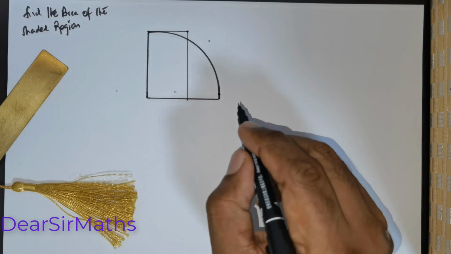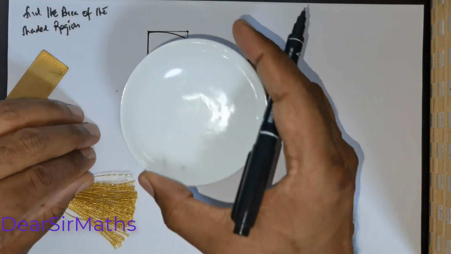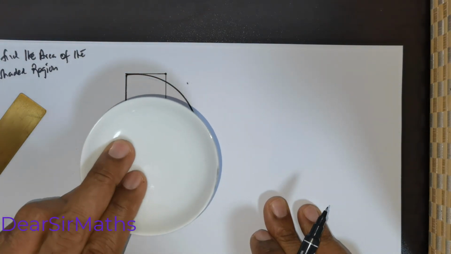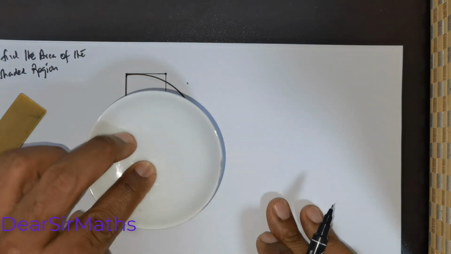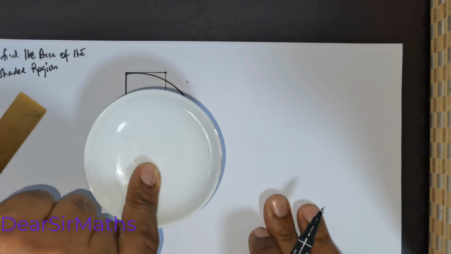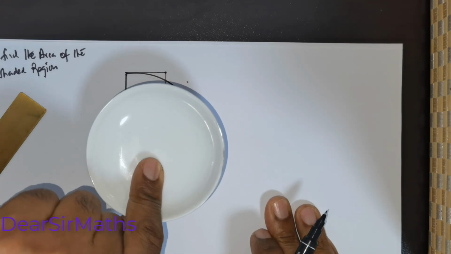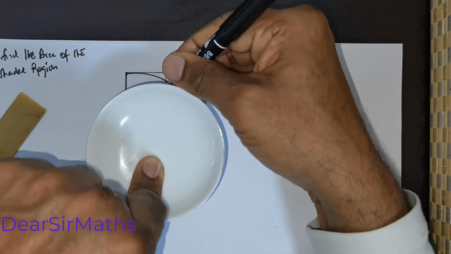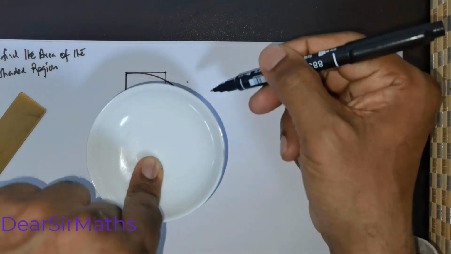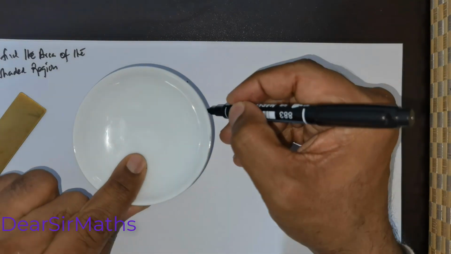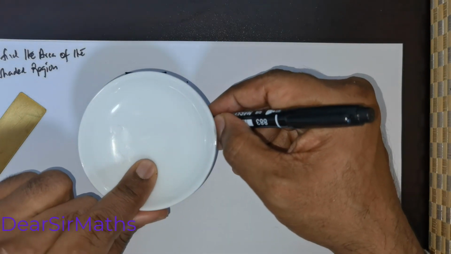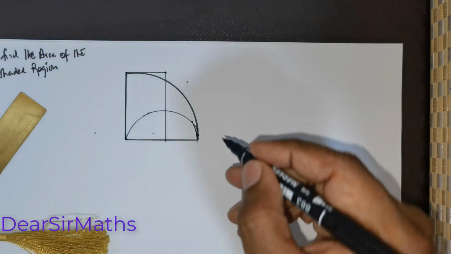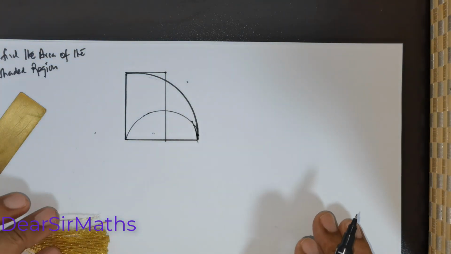Now there is another quarter circle. I'm not sure if I would be able to get this circle. Okay, I'm trying. If I can get it, it's fine. Okay. That's a quarter circle there.